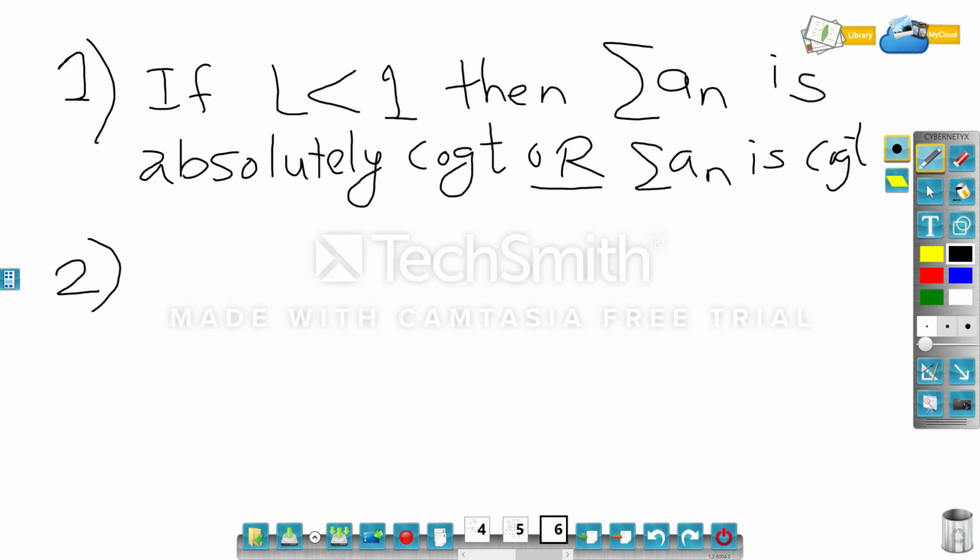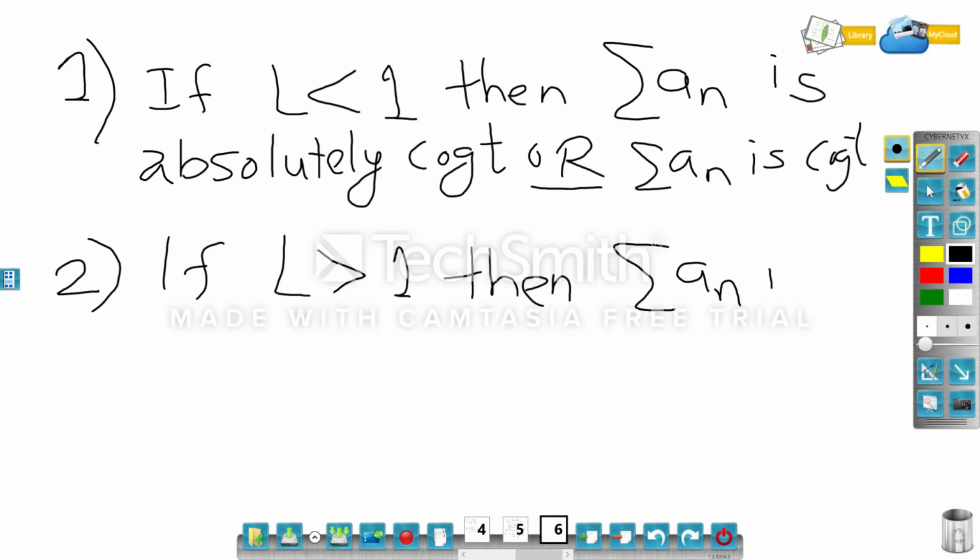Second part of the theorem: if the L value is greater than 1, then the series a_n is divergent.